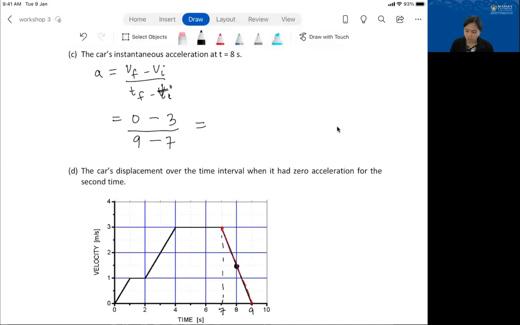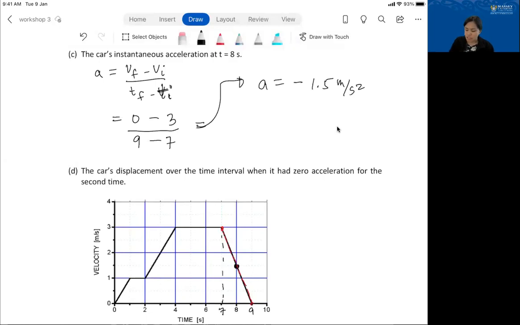So that should give you, I'll write down here, acceleration should be negative 1.5 meters per second squared. If you look at the graph, it is going downwards, and that is consistent with a negative acceleration.